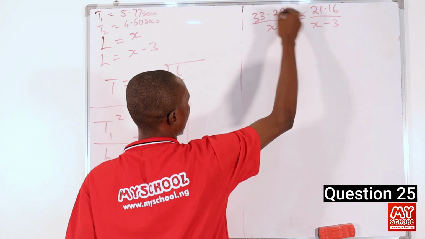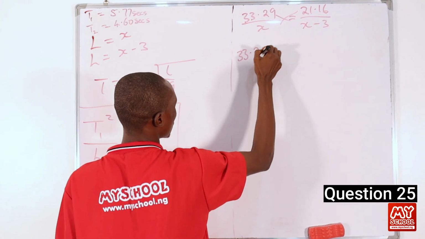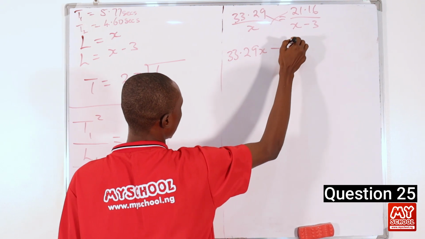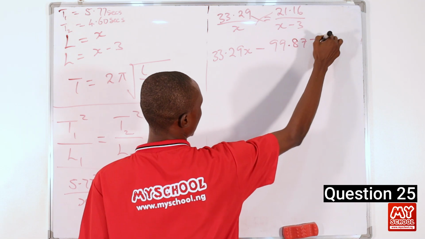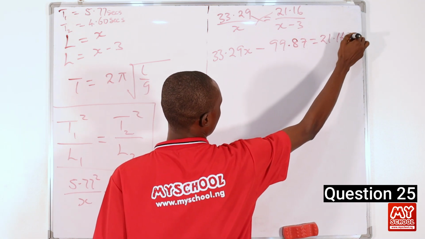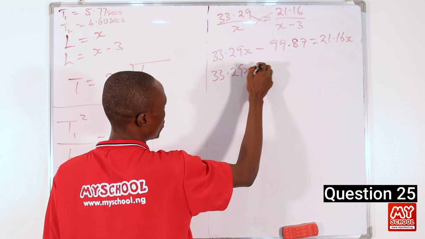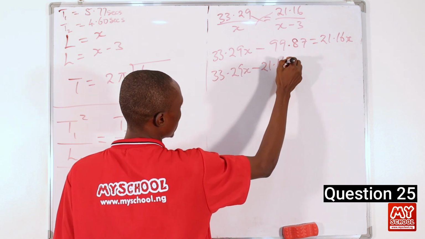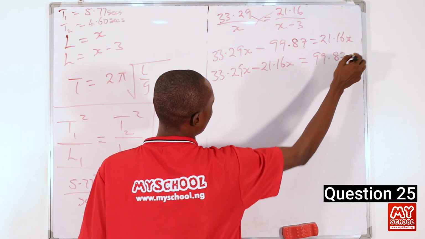So we cross multiply. This will give us 33.29x minus 99.87 equals 21.16x. So we collect like terms: 33.29x minus 21.16x equals 99.87.